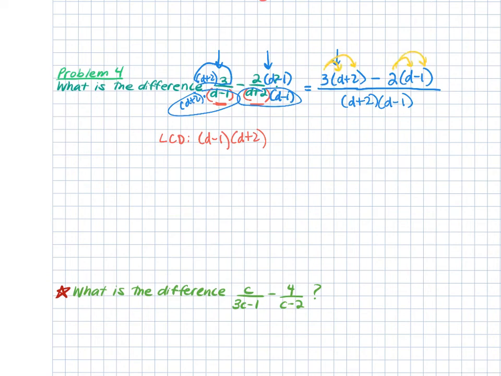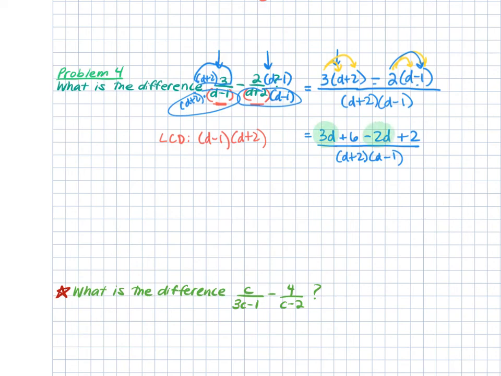Okay, so now I just want to simplify this by distributing the 3, and then I'm going to distribute the negative 2. So this becomes 3d plus 6 minus 2d, and then minus a minus is plus 2, all over the d plus 2 times d minus 1. And then I can combine like terms.